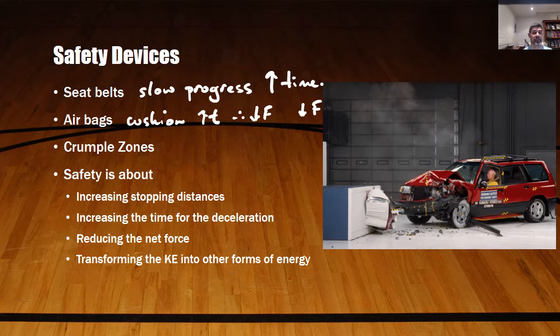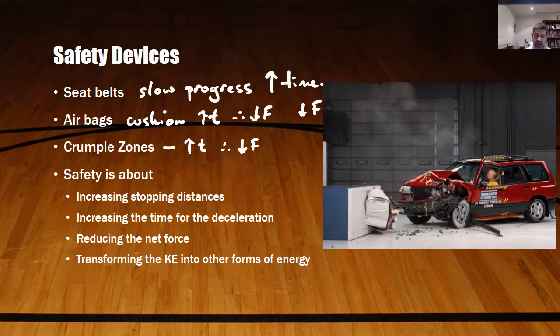Crumple zones actually start to dissipate some of the energy through the car before it's transmitted to the occupants of the car. So the crumple zones are again an issue of trying to increase, in this case, the time and decrease the forces that are going to transmit to the passengers.